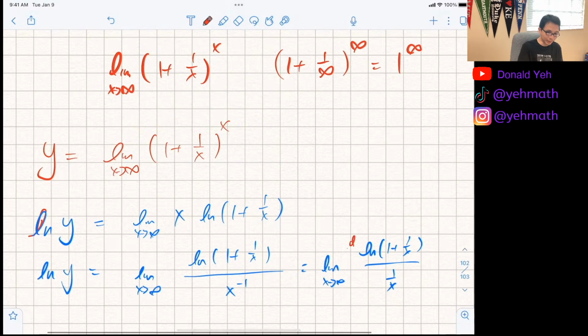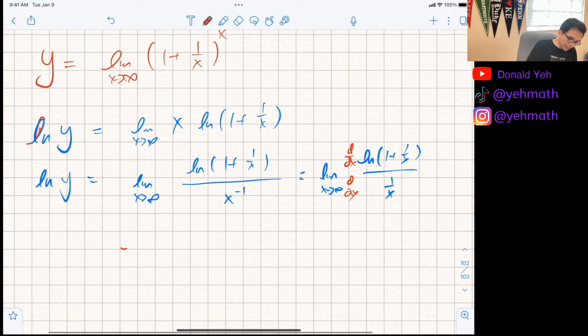So if I apply d/dx here, d/dx. The cool thing is this, the limit as x approaches infinity. Like I said, this is not going to be on your test. This is u, so it'd be u prime over u. So what's the derivative of 1 over x? It's going to be negative 1 over x squared, right?